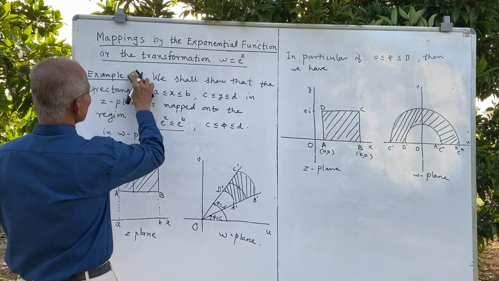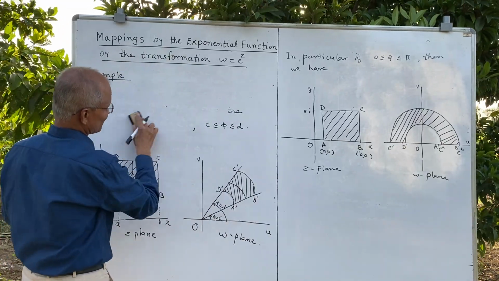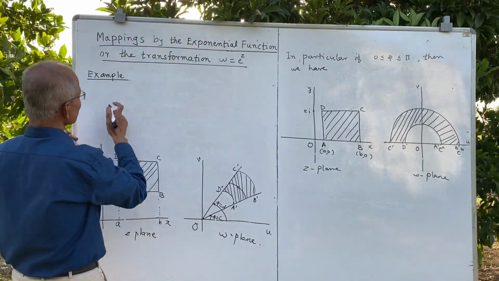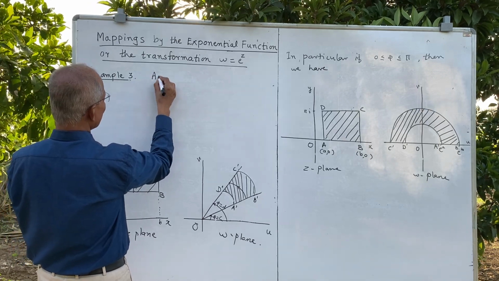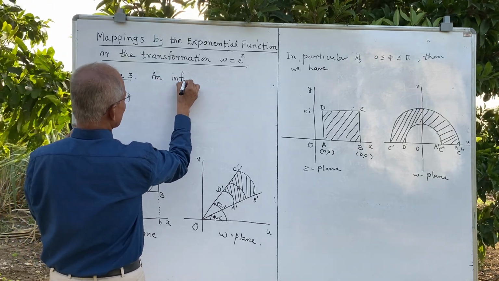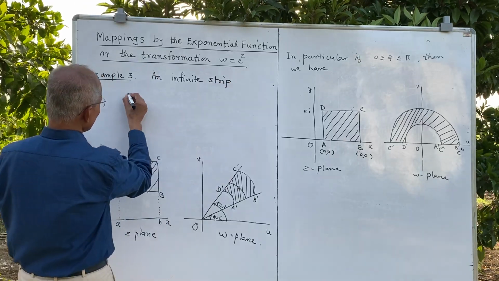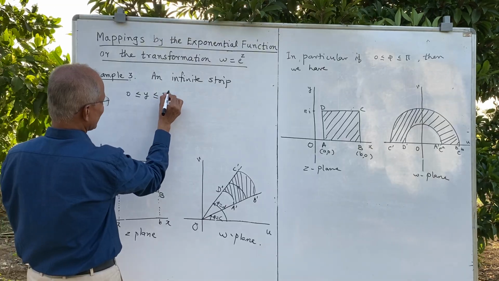Now one more we shall consider is an infinite strip parallel to the x axis as a third example. An infinite strip, 0 less than or equal to y less than or equal to pi.